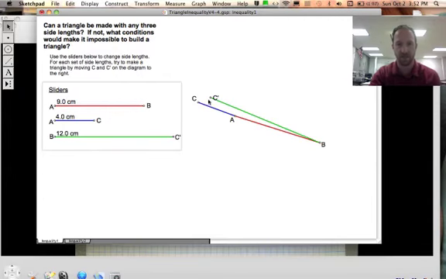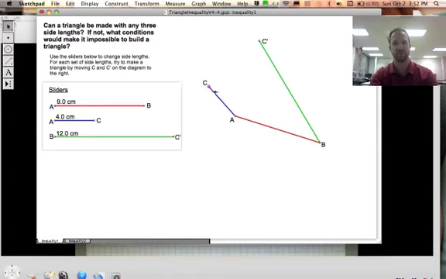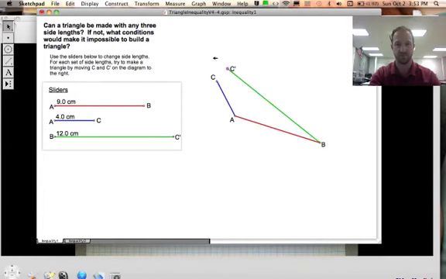There we go, 4, 9, and 12. Okay, so let's see if we can make a triangle with these three side lengths. And it looks like that is going to work. Sure enough, it does. We can make a triangle with sides that are 4, 9, and 12.